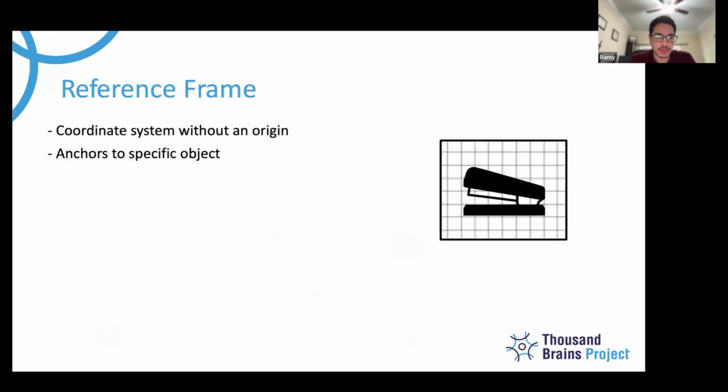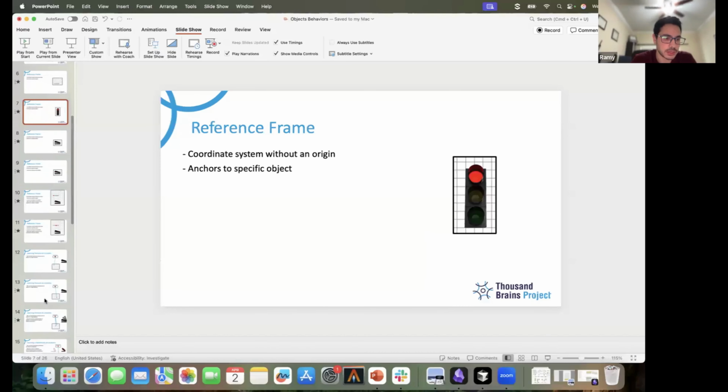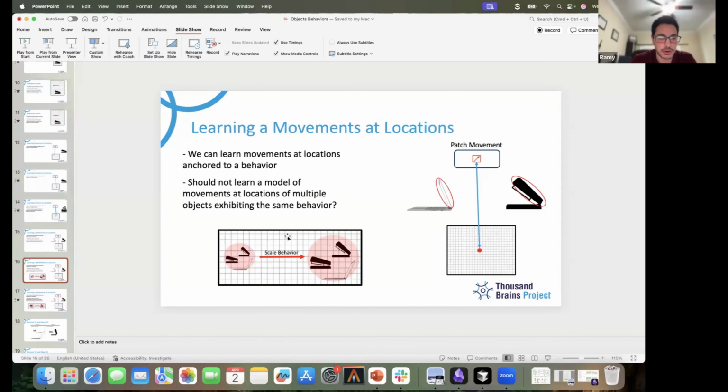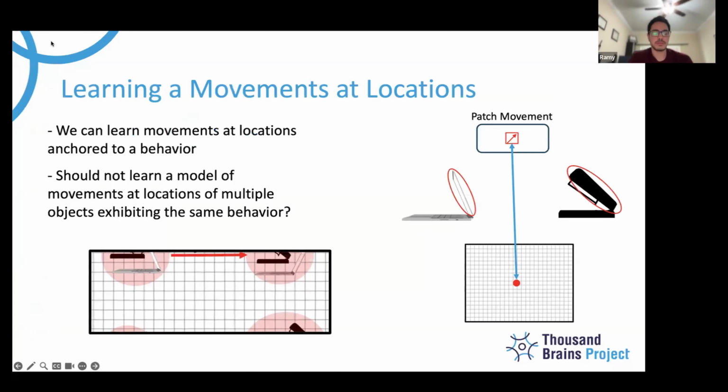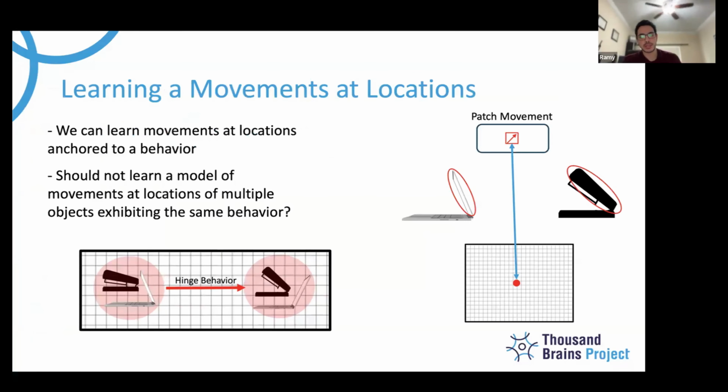Well, so yeah, this goes back to my assumption here that the location in the reference frame becomes an abstract location. This location now represents the whole behavior state. So now you have a morphology of the object and you have a location in the behavior reference frame that represents what state it's in.